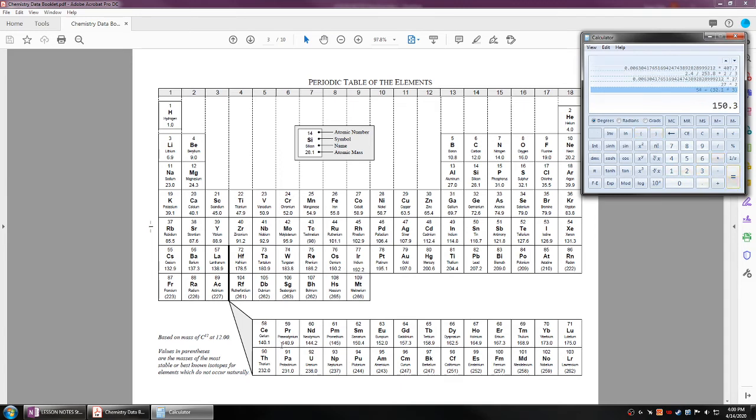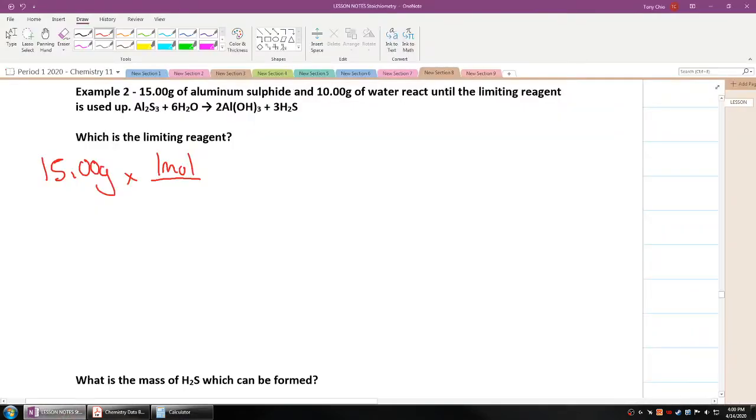We should get a full molar mass of 150.3 grams. Now our next step is to convert to moles of hydrosulfuric acid, which is 3 moles of hydrosulfuric acid over 1 mole of aluminum sulfide.